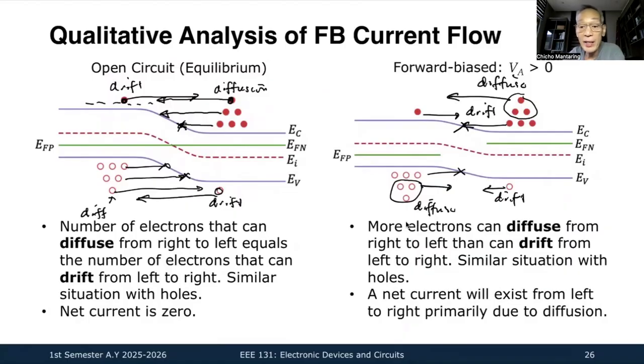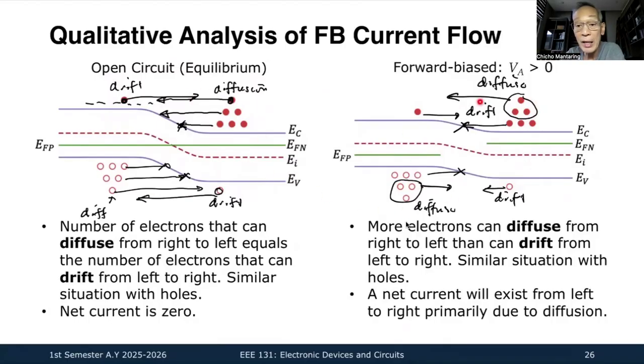So there will be a net current that will exist from left to right, primarily due to diffusion. Why is the net current from left to right? Holes will diffuse from left to right. That's the direction of current. Electrons diffuse from right to left. So the direction of current is left to right. So you can see the difference. Here, zero net current.